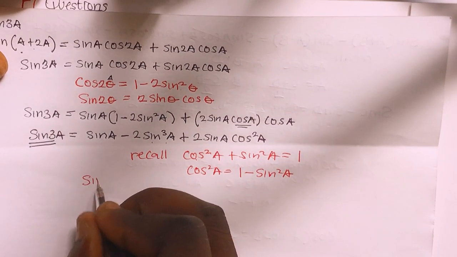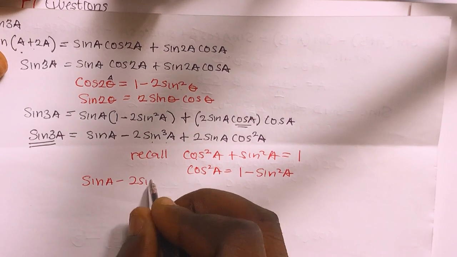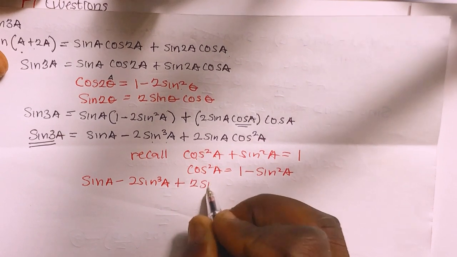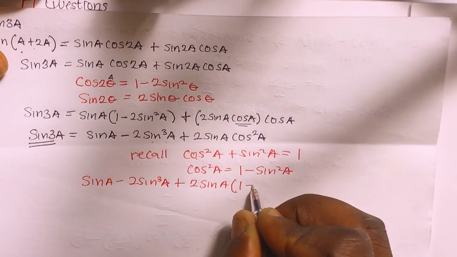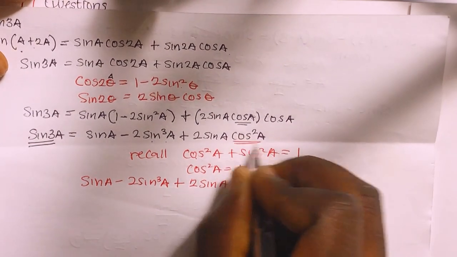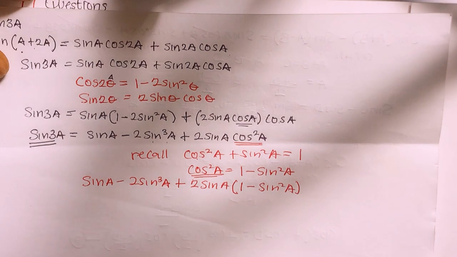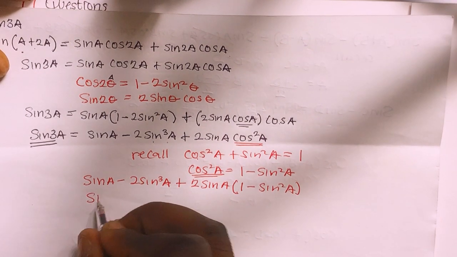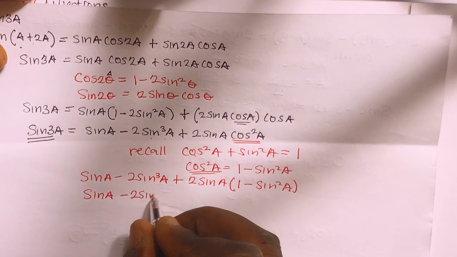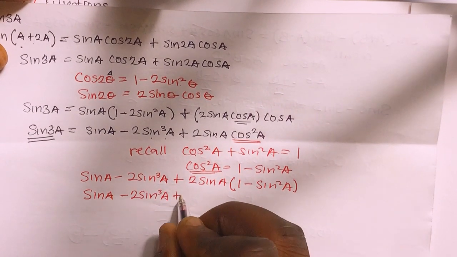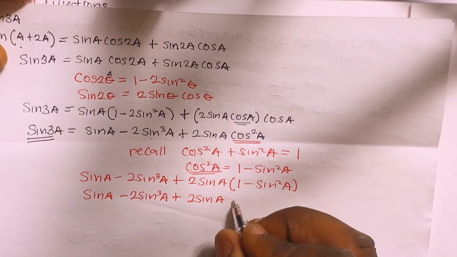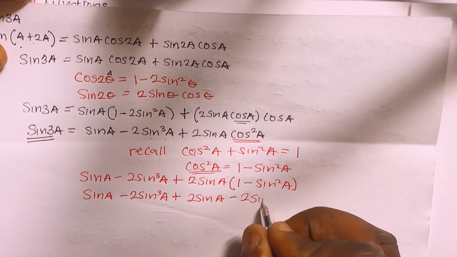We have sine a minus 2 sine cube a plus 2 sine a into brackets 1 minus sine square a, because everything here is the same as cos square a. Then further simplify, you have sine a, then minus 2 sine cube a plus 2 sine a. This multiplied like this will give us minus 2 sine cube a.